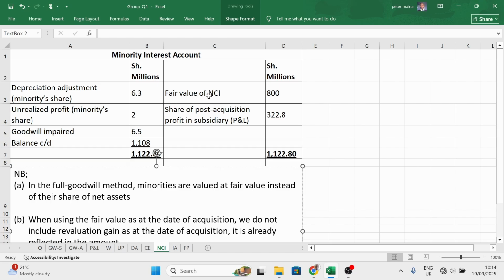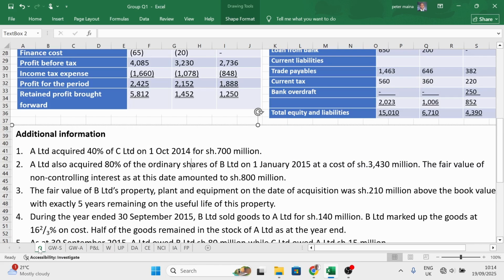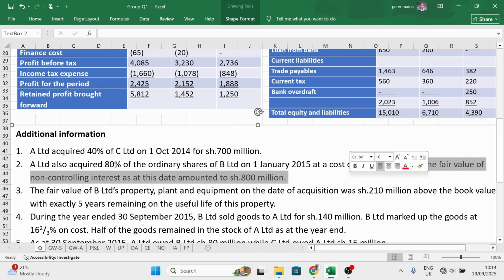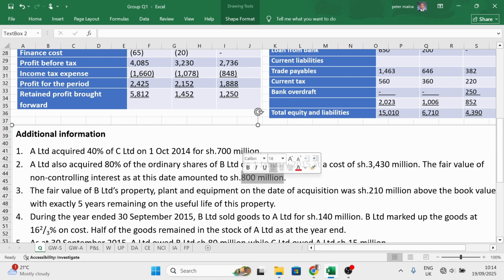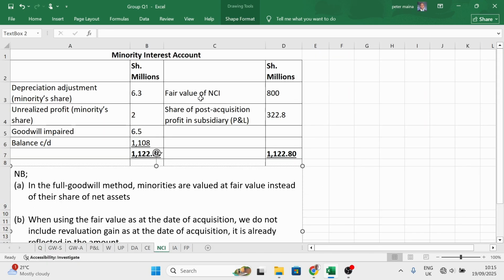Instead, we just take the fair value of non-controlling interest, which was given in the question, in the second point. The fair value of non-controlling interest was 800 as at the time of acquisition. So that is the one we are supposed to take anytime we are using the full goodwill method. So fair value of NCI 800.